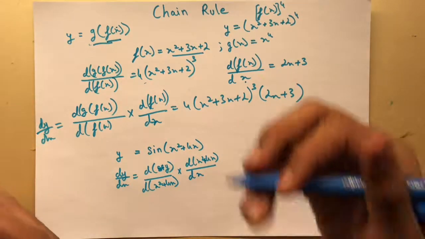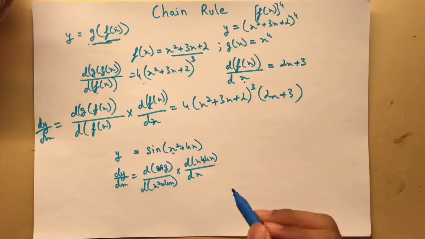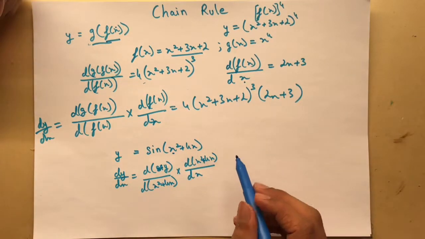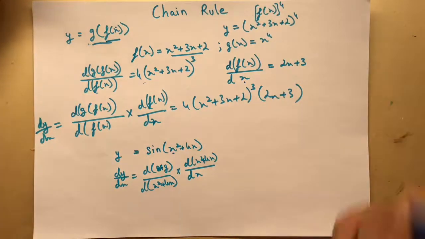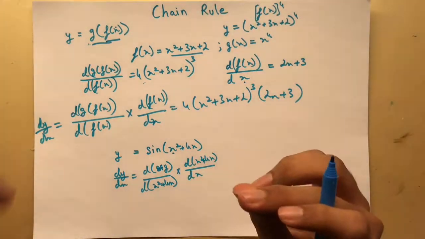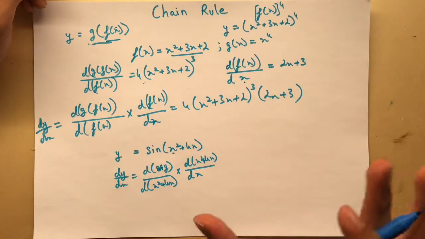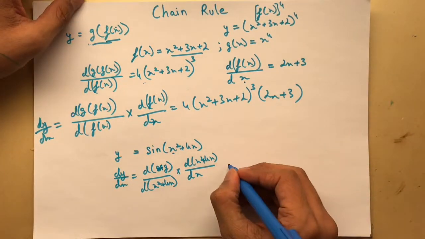And that should make sense because again we want to see what a small change in x would cause to x squared plus 4x, and then a small change in x squared plus 4x resulting in the change in sine x, and then multiplying the two to find the overall change, or how the overall small change of x affects sine of x squared plus 4x.